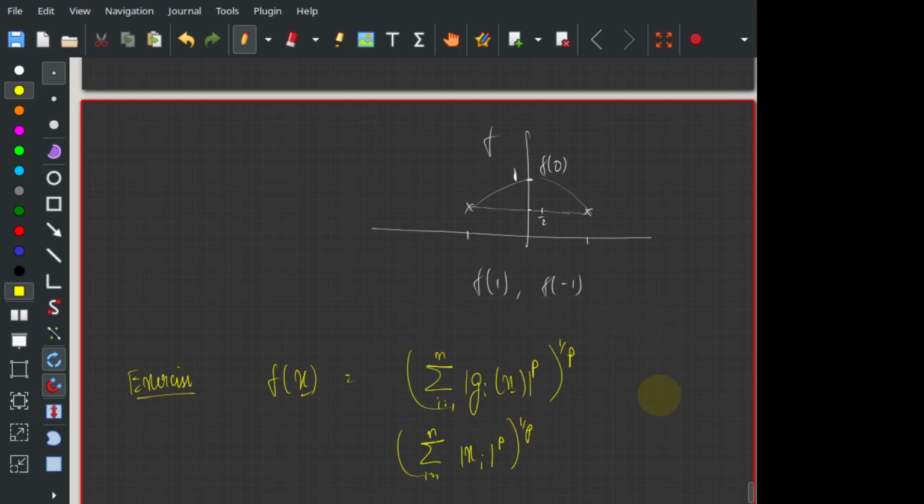So p can be anything between 0 to infinity. And yeah, so what are conditions on g and p for which this quantity is convex or concave?